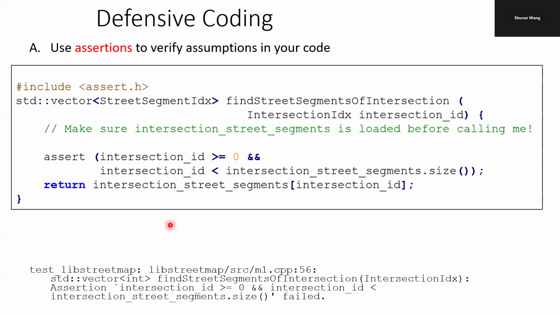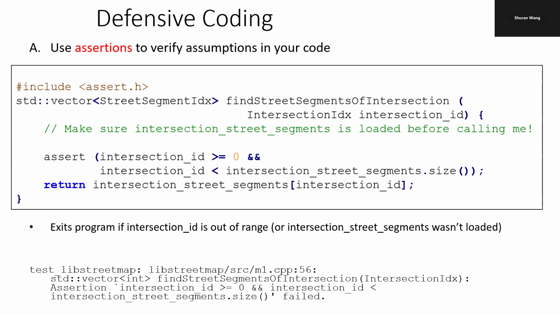If you add the assertion, you will know at which line, which assertion failed, directly from the program error message. So this will exit the program and tell you which assertion failed.